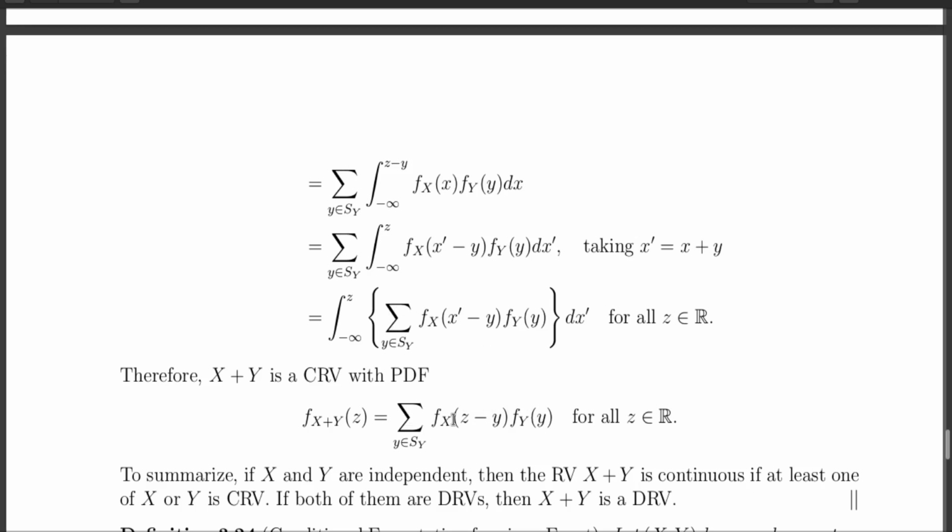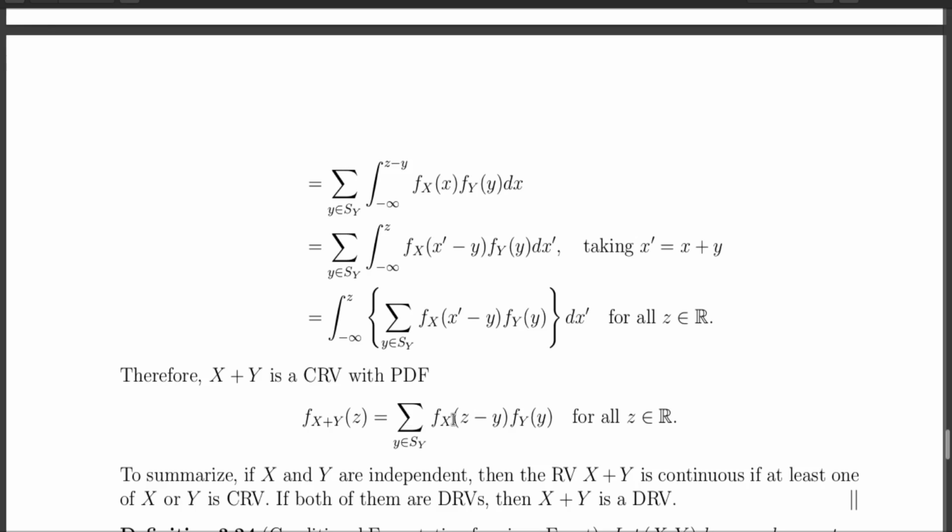Okay, so if one of the random variables is continuous and another is discrete, the sum will be continuous. Sometimes intuitively it seems that if one of them is continuous and another is discrete, the sum will be discrete, but that intuition is not true. If this intuition works in your mind, take it from here that it is not true. So finally we get that if X and Y both are discrete, then X plus Y is discrete.